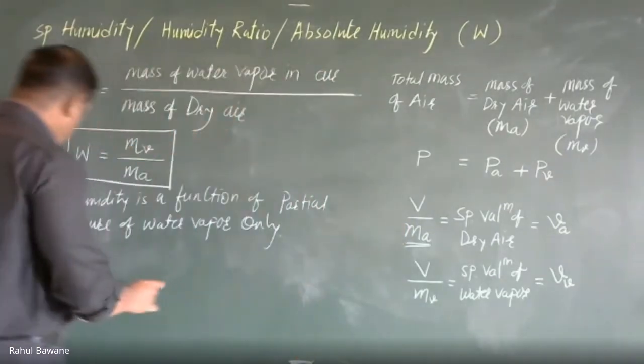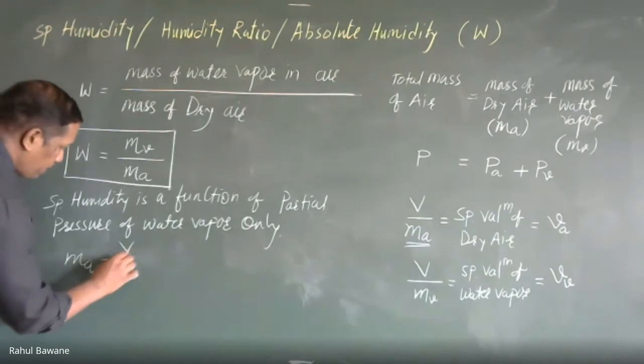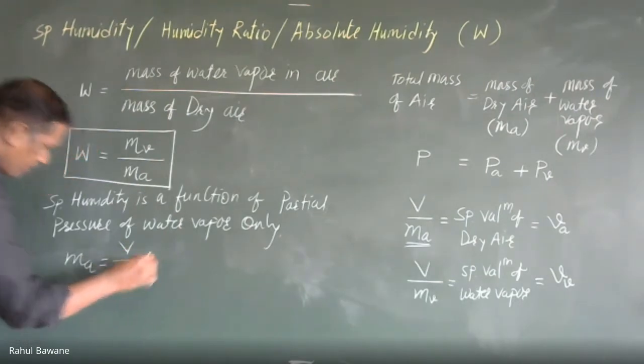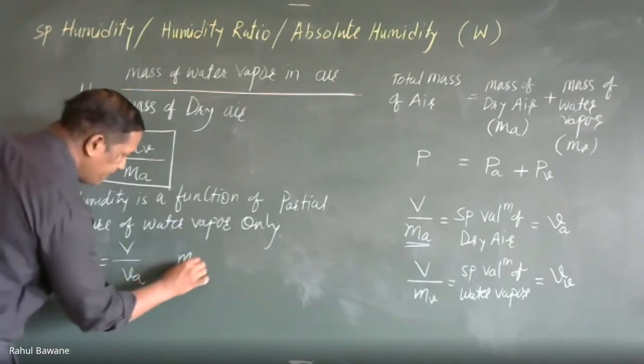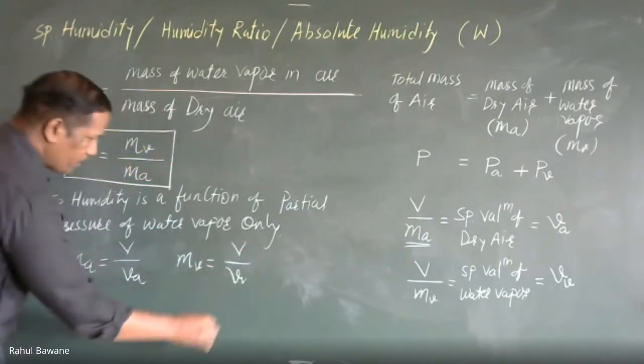So ma is V upon va, and mv is V upon vv.